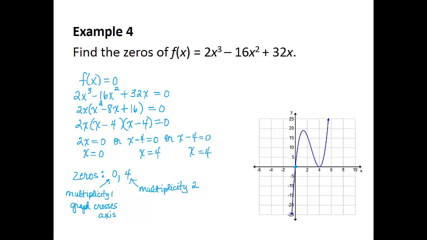At the zero of 4, notice that the graph bounces off, or we sometimes say it touches the axis and turns away. It's really kind of an interesting thing.